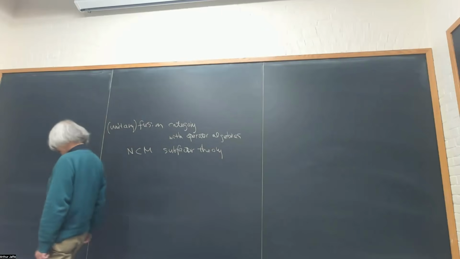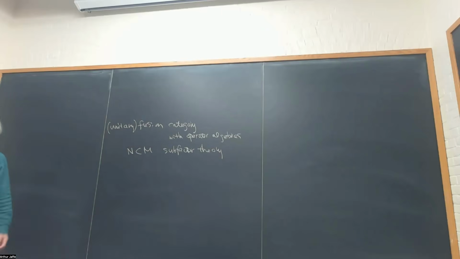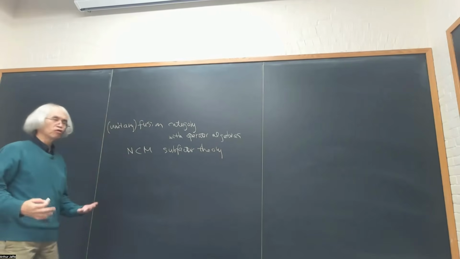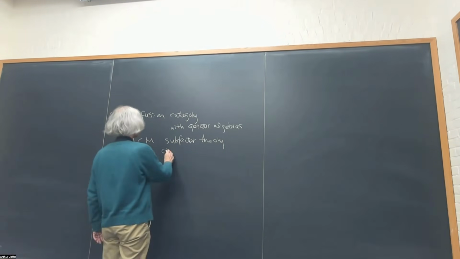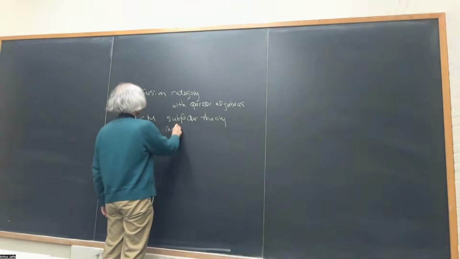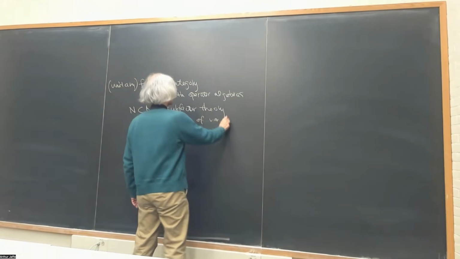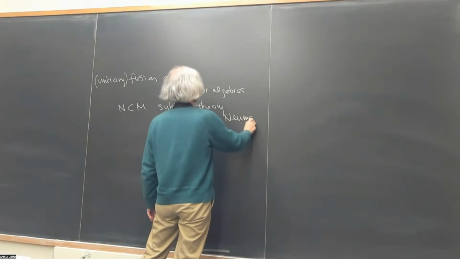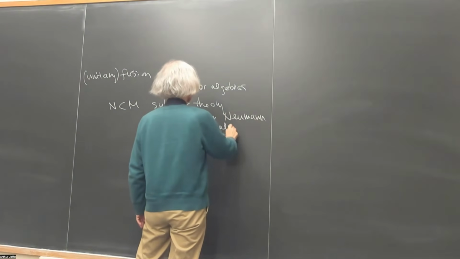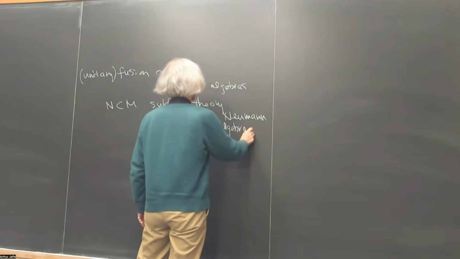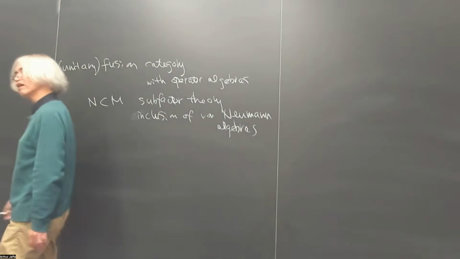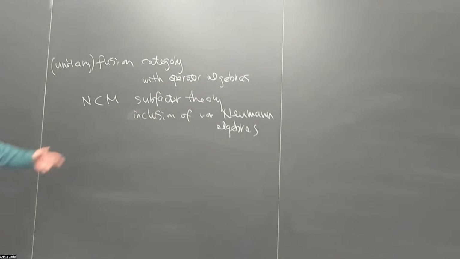So this is some nice inclusion of operator algebras, von Neumann algebras. A nice von Neumann algebra is called a factor. So this is an inclusion of one factor into another factor.